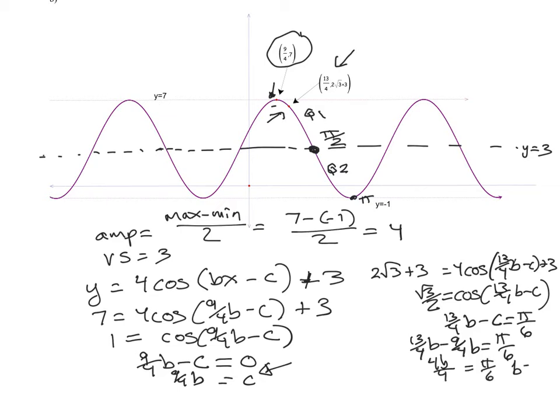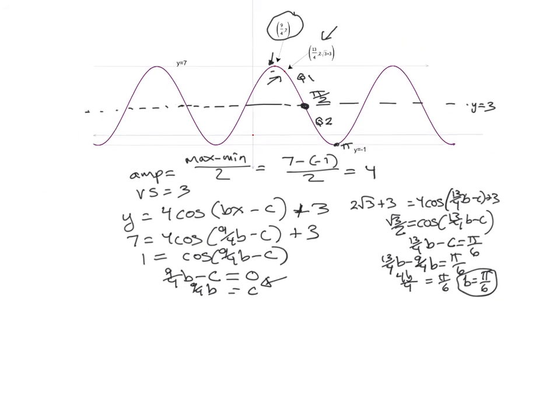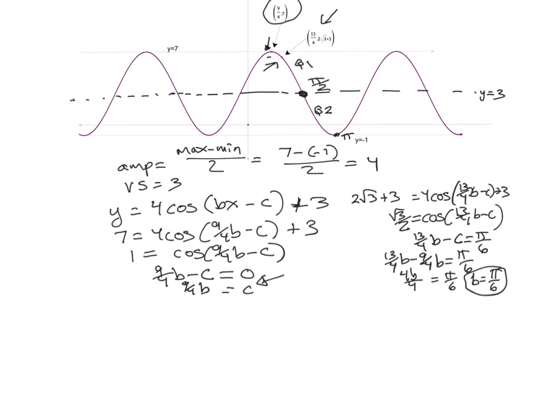Or in other words, my b value is pi over 6. If b is pi over 6, then c is going to be equal to 9/4 b, or 9/4 times pi over 6.